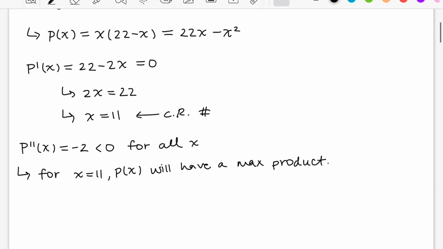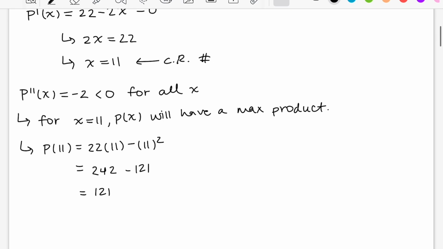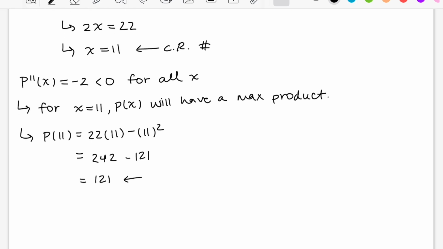Now we plug this critical number into our function. We'll get 242 minus 121, and so this will just be 121. This tells us this is our maximum product.